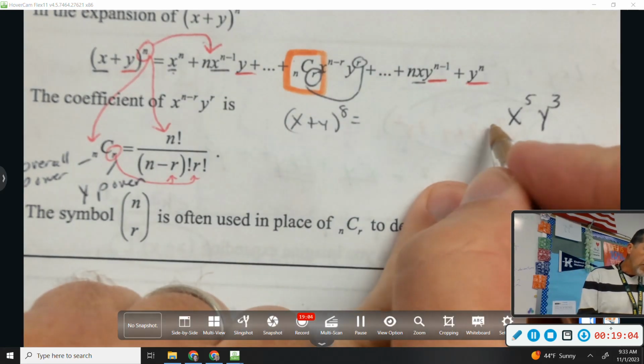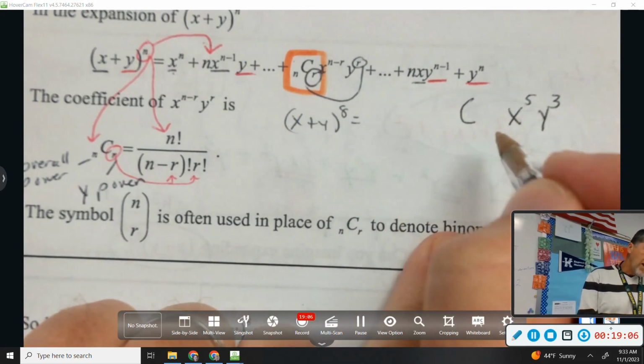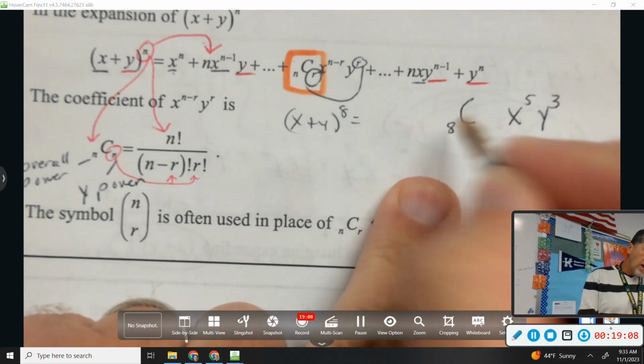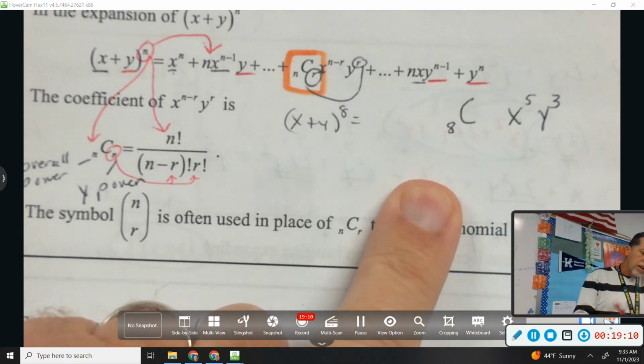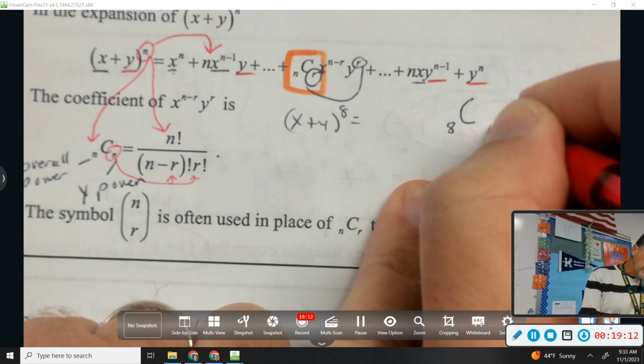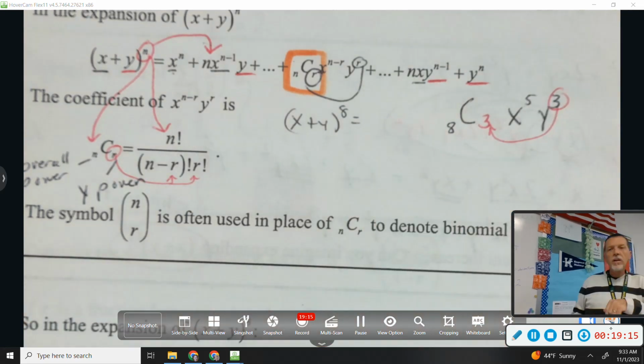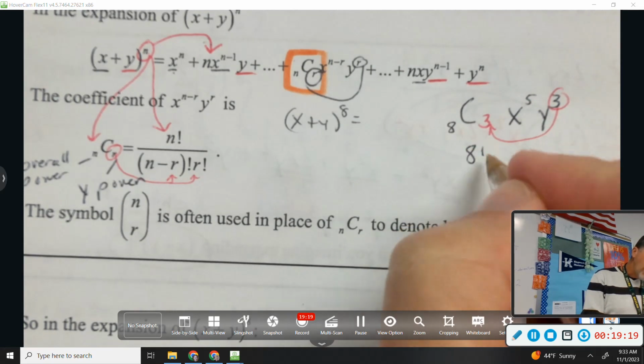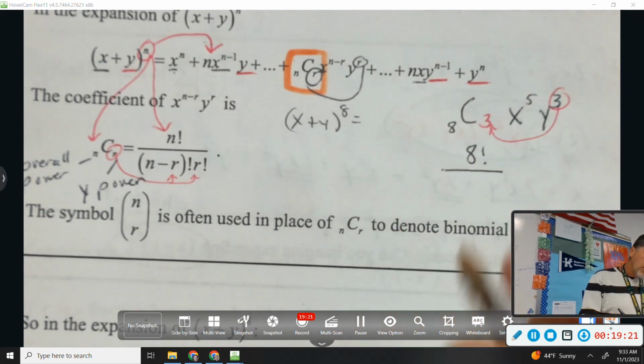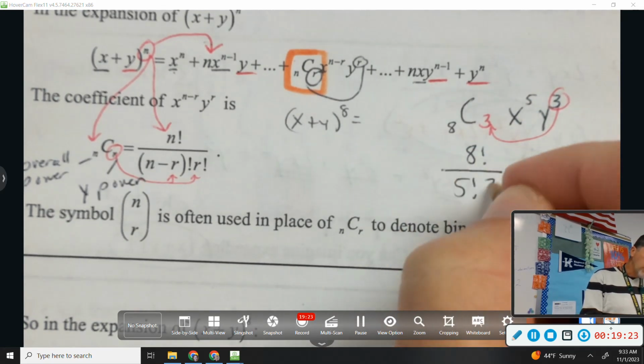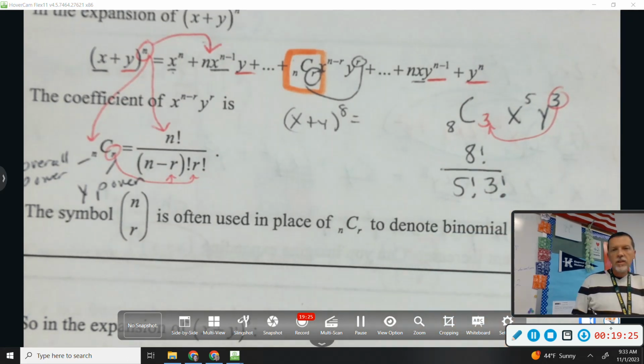The coefficient of that is that C. 8 is the overall power, and the power of y is the second number. And so that means the coefficient is 8 factorial over 5 factorial, 3 factorial.